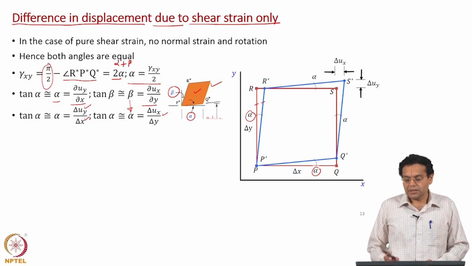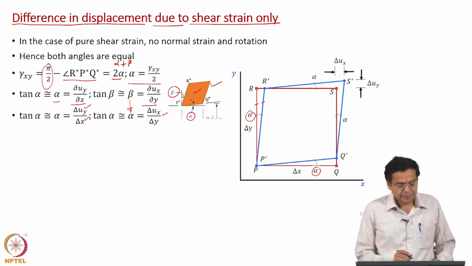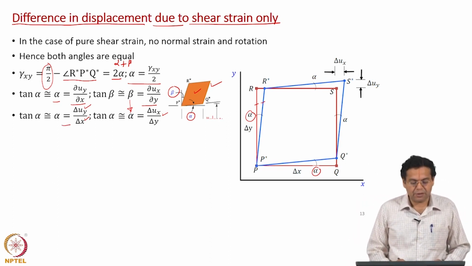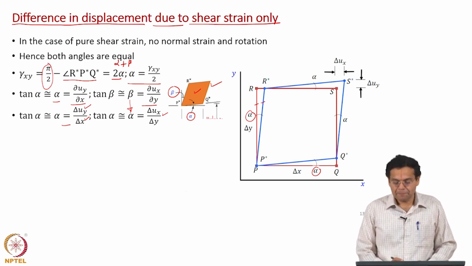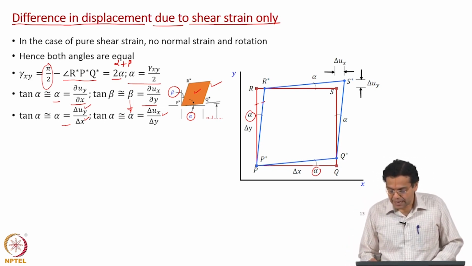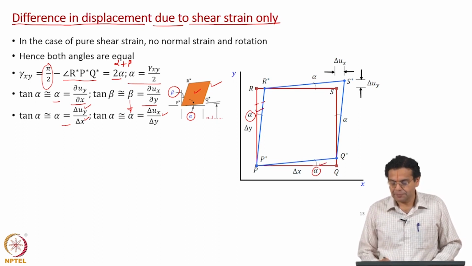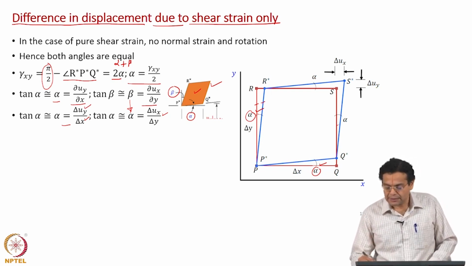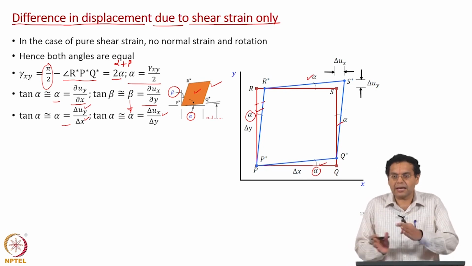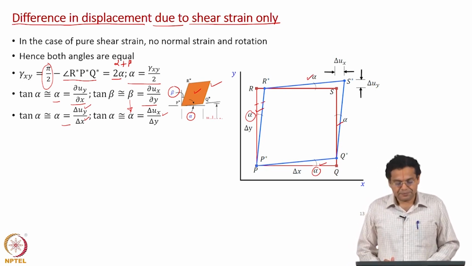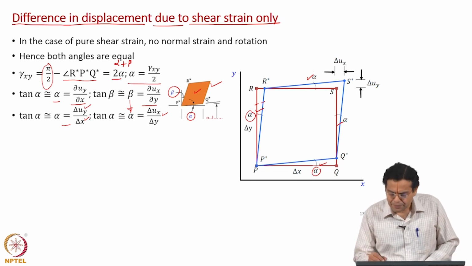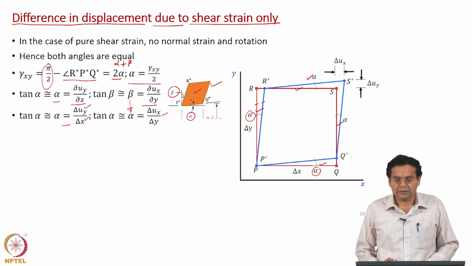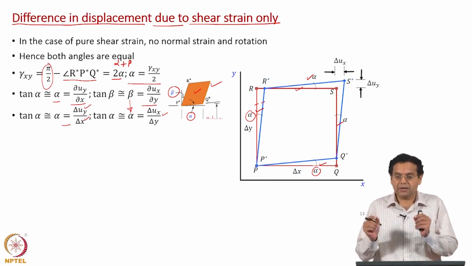Now these expressions, first expression for alpha, second expression for alpha, correspond to this figure. Let me explain. Let us take the expression alpha equal to delta uy by delta x. What is shown here, this angle is alpha, this angle is alpha. Of course when there is shear strain only, it is going to deform to a parallelogram. So this angle is alpha, this angle is also alpha, so all angles are alpha. Now if you consider this triangle, you do not see a triangle there. Why? Because I have shown a large value of alpha.